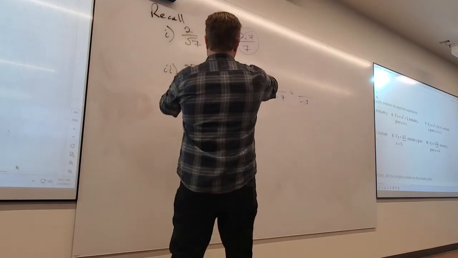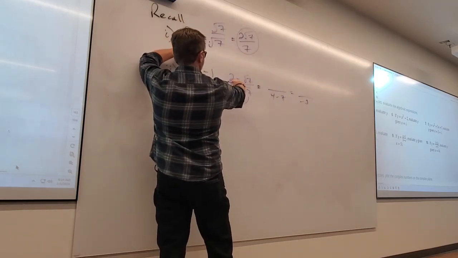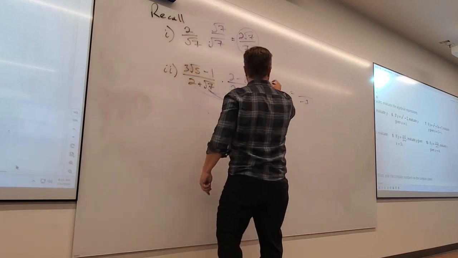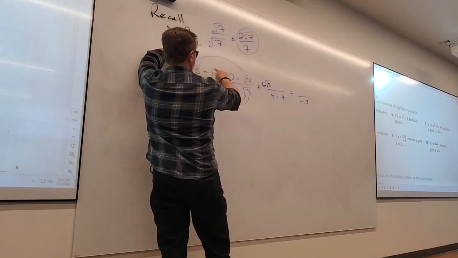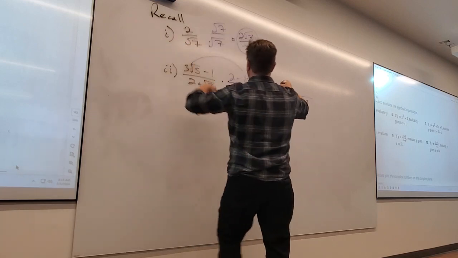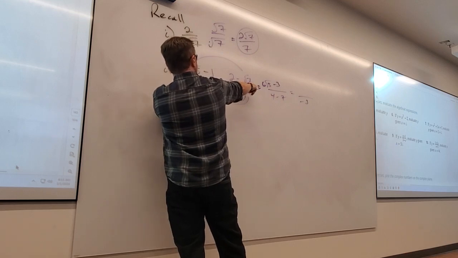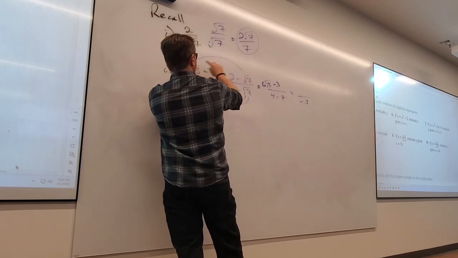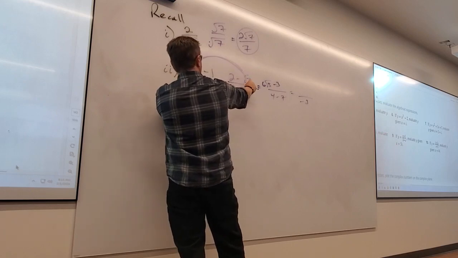All right, what do you get for the top here? 6 rad 5, and 3 rad 5 times rad 7 is 3 rad.